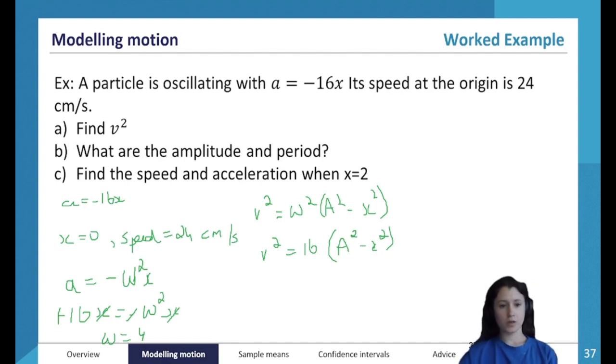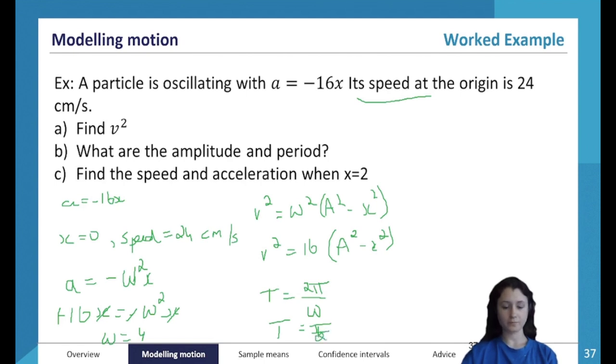Well, we know its speed at the origin is 24 centimeters per second. And we also know the angular velocity. So, we know that T equals 2 pi over omega, meaning that the period is 2 pi on 4, which is half pi.